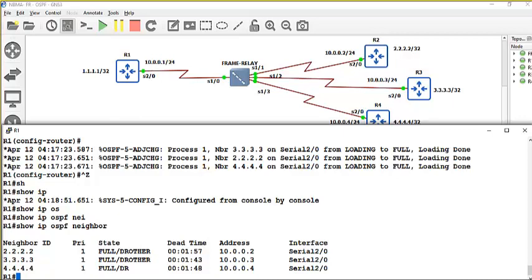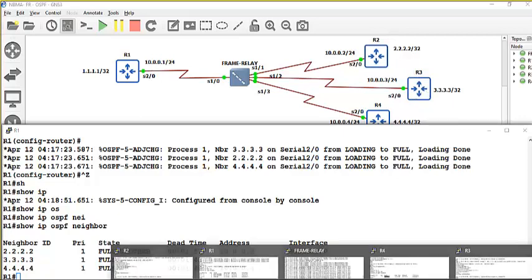So we got DR and BDR, that's the problem. Say if router 1 goes down, what is the use of the DR on R4? No use, because R1 is the hub. If R2 wants to reach R3, it needs to go via R1.